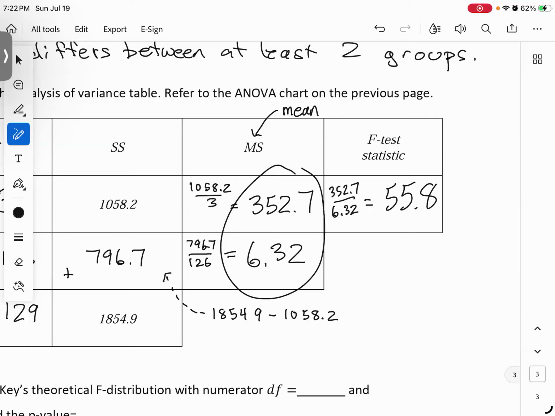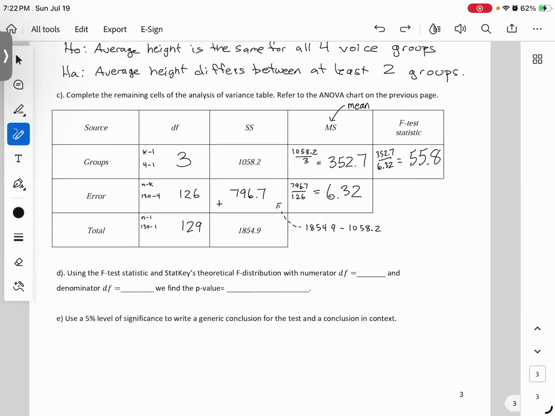Remember the little true false question I'm going to throw out there: you're definitely looking for a high amount of variability between the groups, which is the one on the top. Now to end this, we're going to need degree of freedom 3 and degree of freedom 126 again for the numerator and the denominator, and then we'll also need the 55.8.